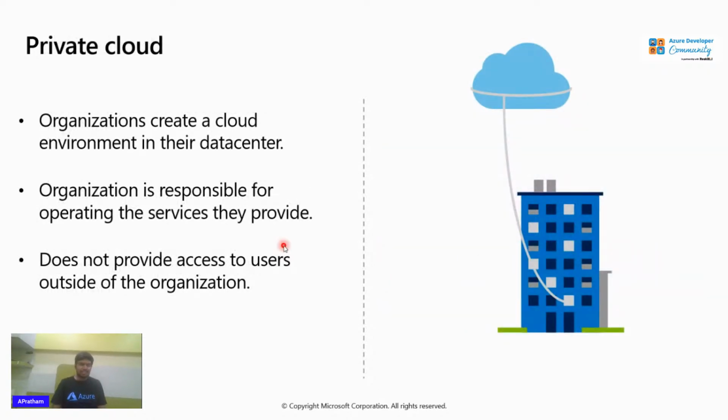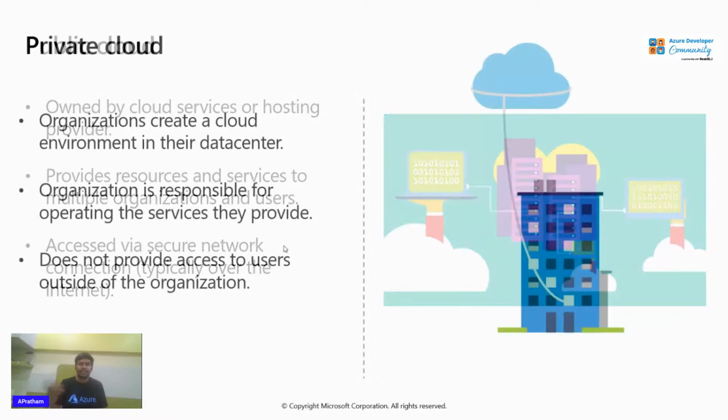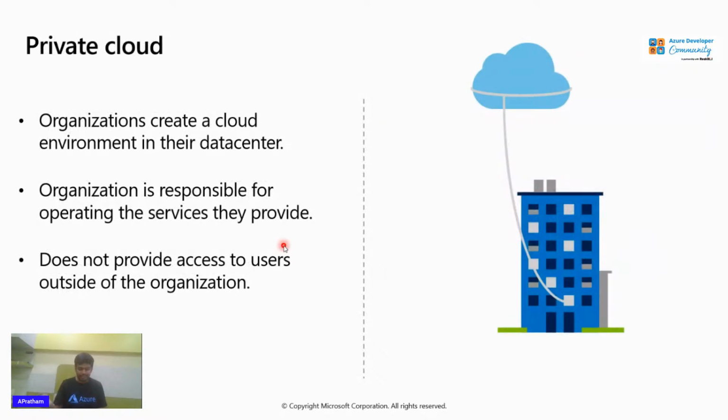Now the second one, which is private cloud. When we talked about public cloud, we said this data is already on the internet, even though they have security and different kinds of protocols. But there is some really intensive data, like banking data or medical data.